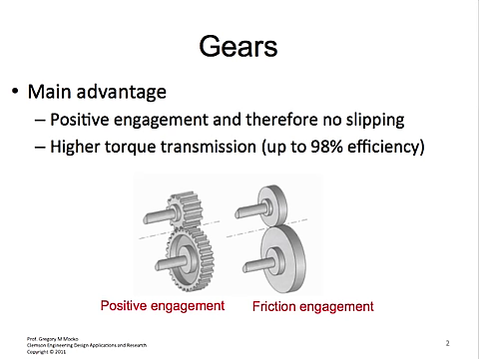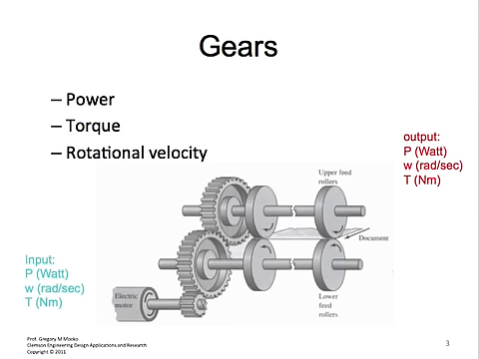Gears are efficient. Certainly spur gears are the most efficient, with about 98 to 99% efficiency. So what does this mean from an efficiency standpoint? If we look at this diagram here, we've got an electric motor, and that electric motor is rated at a particular horsepower, in this case watts.